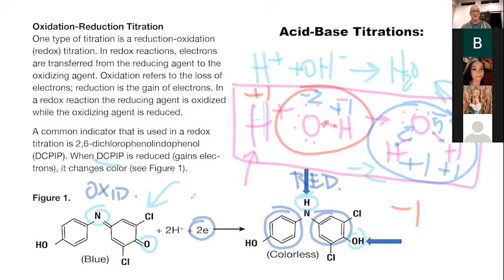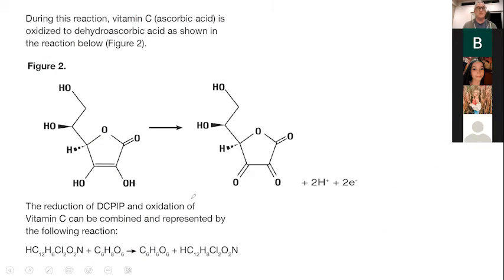This is a redox reaction we're doing with vitamin C, because actually electrons are physically moving from one molecule to another. So that is the difference. So this is what vitamin C is going to look like. You can see it's a much smaller molecule than DCPIP. It's fairly small. When it's reduced, this is the reduced form on the left.